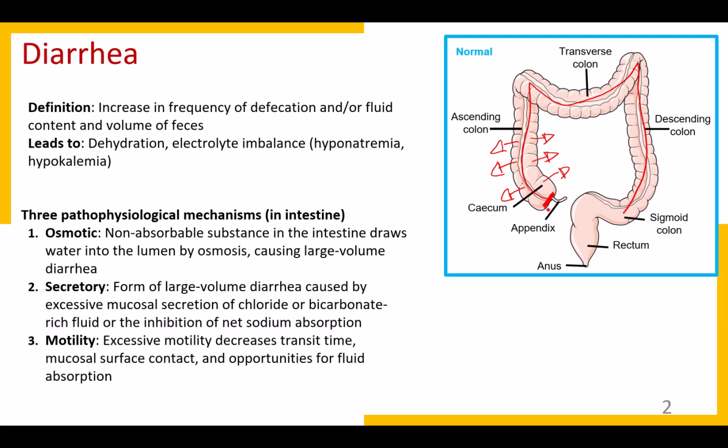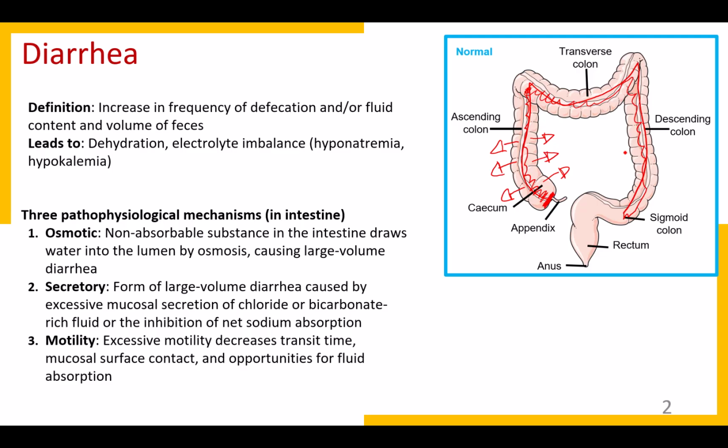And in doing so, the undigested and unabsorbed contents move from being liquid at this part to semi-liquid, until when you get to the sigmoid colon, it becomes solid, right?